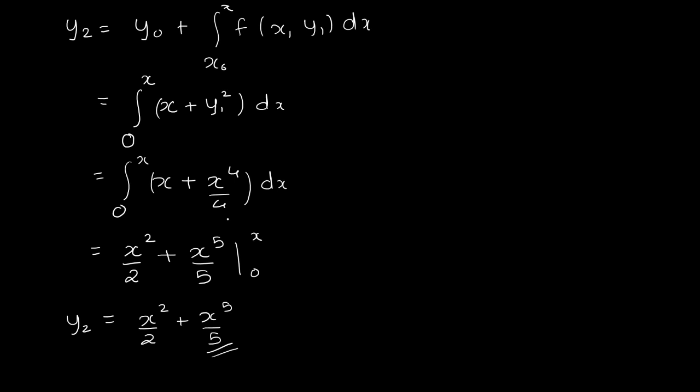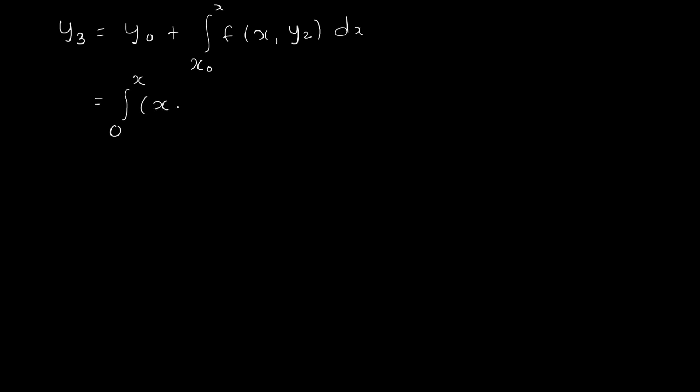We need to find till the third iteration, y3. And y3 is given by y naught plus the integral from x naught to x of f of x comma y2 dx. Y naught is 0, x naught is 0, therefore 0 to x.